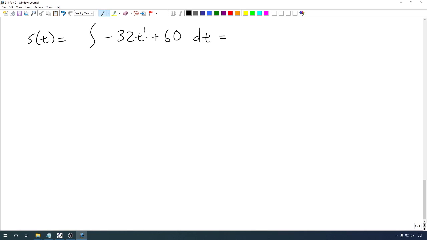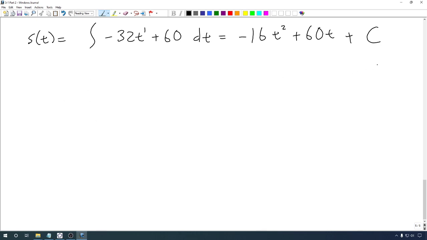Remember, this is t to the first power, which means that we raise our t to the next power, the power of 2, but then we have to divide the negative 32 in front by 2. So negative 32 becomes a negative 16. The 60 is a constant, so we just get it to multiply by a t. And then we have another constant. So when we integrate twice, we end up having to deal with 2 different constants.